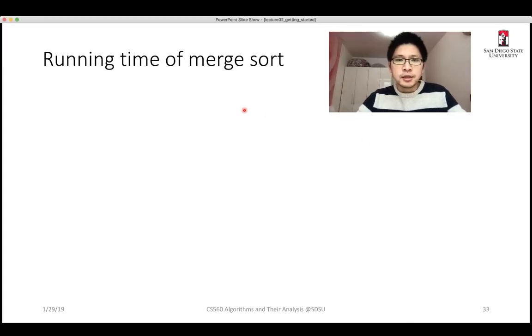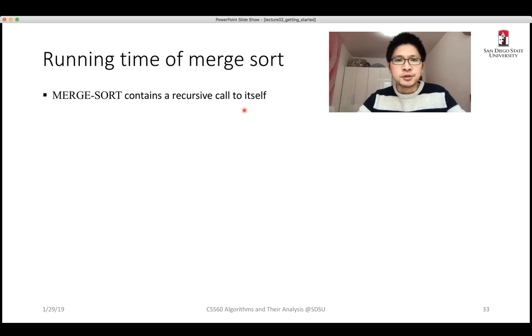Next, another important task for us is to analyze the running time of merge sort. Because as we see, the merge sort procedure contains a recursive call to itself. Therefore, there is no very straightforward way to estimate its running time.